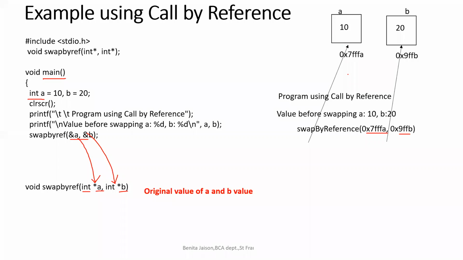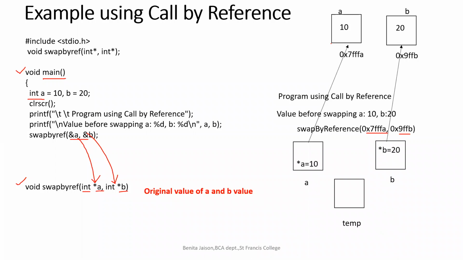We are giving swap permission to use the value stored in the address location used by the main function. Understood? So we are just accessing the same value. We are not making any duplicate copy. We are directly using that address and the value over there, right?